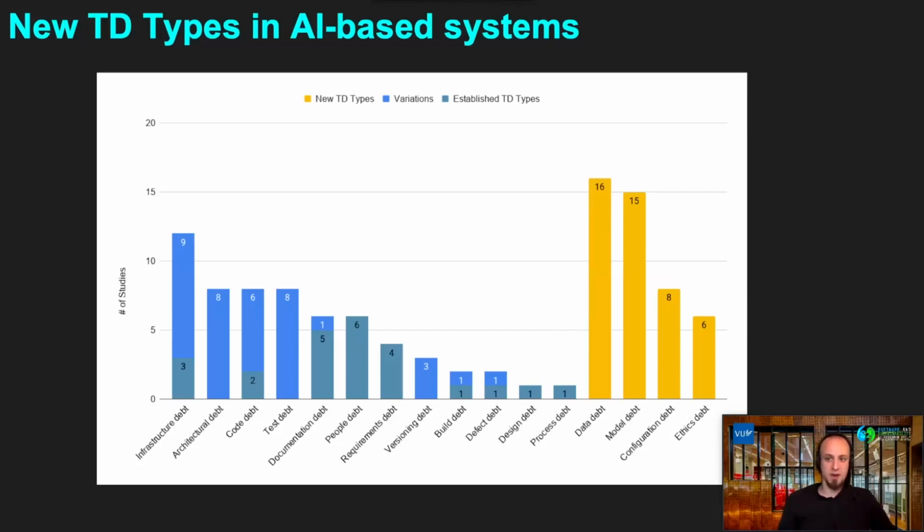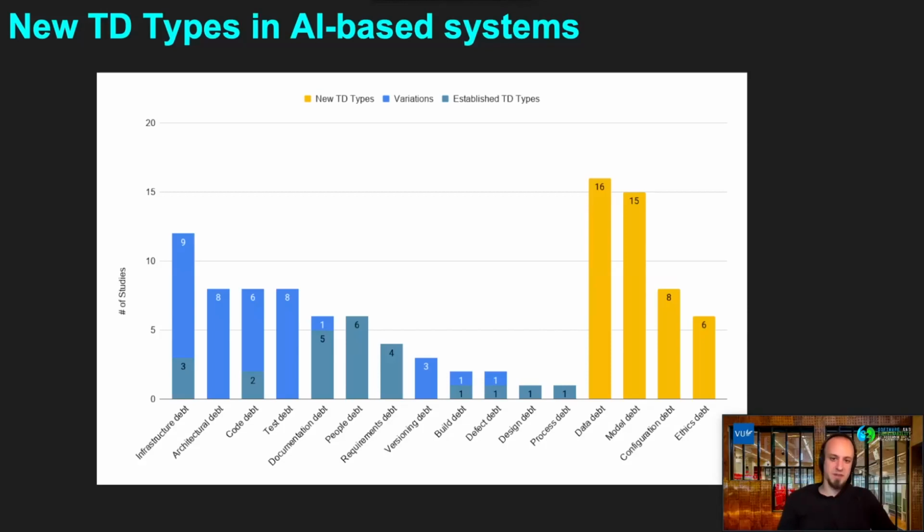It mostly regards data quality issues, unmanaged data dependencies, anomalies, or poor data relevance. The second new type of debt is model debt, which regards suboptimal practices in the design, training, and management of AI models. This can give rise to suboptimal feature selection processes, neglected hyperparameter tuning, and poorly engineered model deployment strategies.